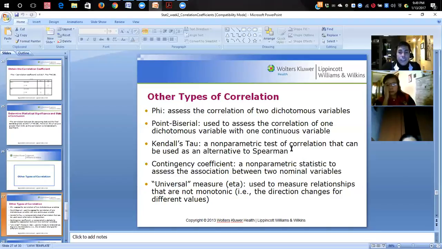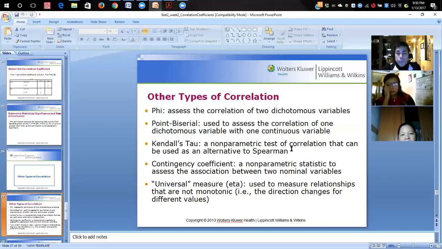And they're looking at that as a potential surrogate marker for overall survival, because for overall survival, you literally have to wait until the patient dies, and it could take a very long period of time to determine the efficacy of a new treatment. And so the FDA is now considering looking at event-free survival as a surrogate marker to overall survival, or OS. So that's an example of the application of Kendall's Tau.